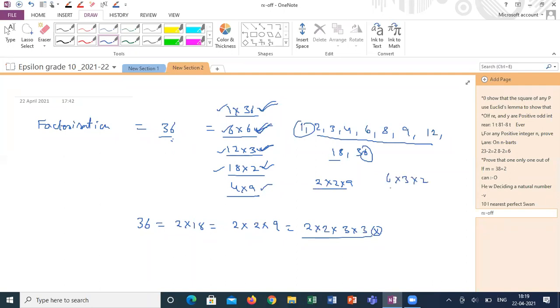These are the various forms of 36. But if I ask you only for primes, it should contain only primes. Other than primes, you should not mention any number in the factors. So this is the only form I got. What I am trying to ask you is, is it possible to write any other form like this?